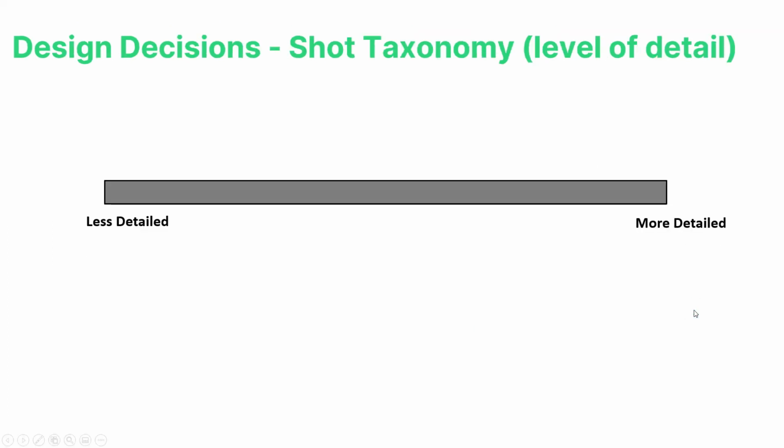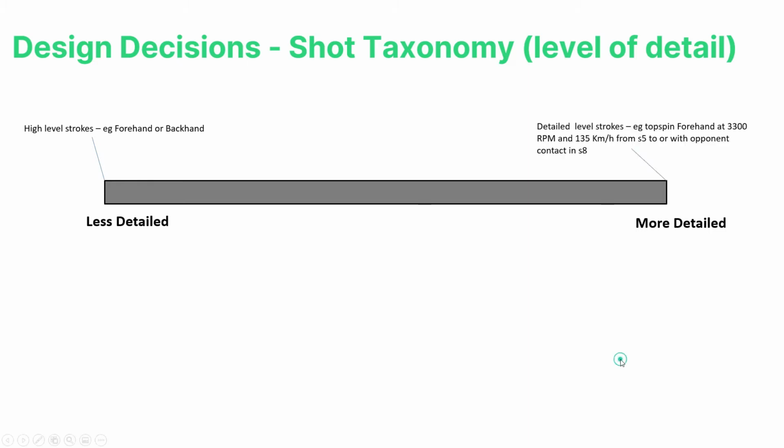Another really important decision that was required at the very start was the level of detail to use for the shots. What I mean by that is, it could have been at a very high level, looking at just forehand to backhand change, or it could have been at the other end of the spectrum and very detailed, looking at a forehand top spin range of 3,300 to 4,000, speed of 135 to 140, being really specific on the direction.